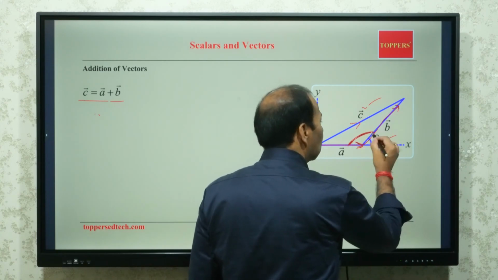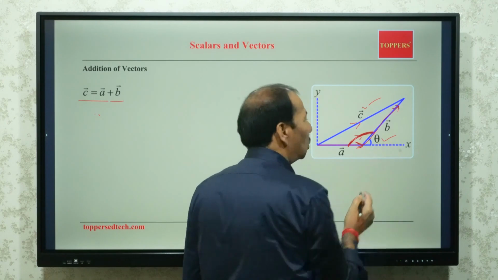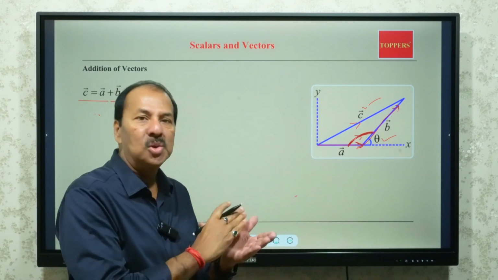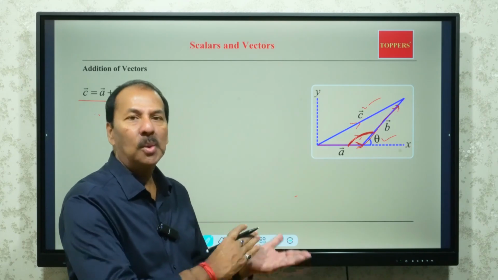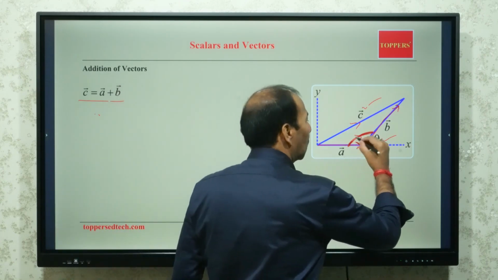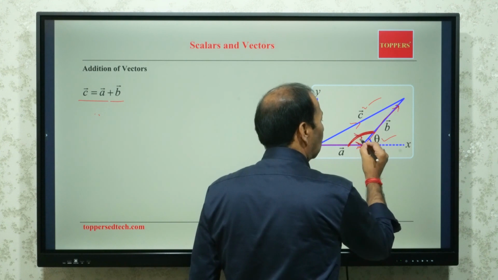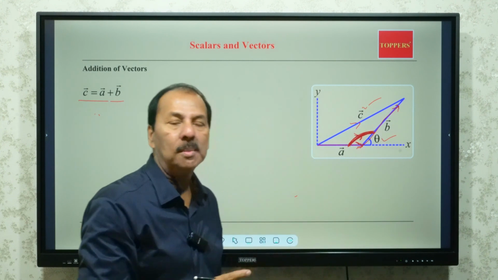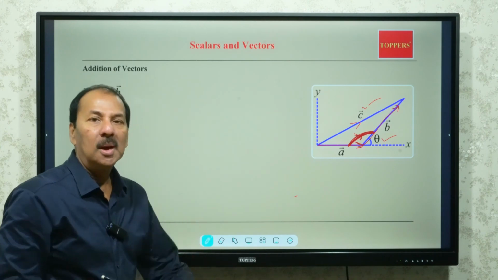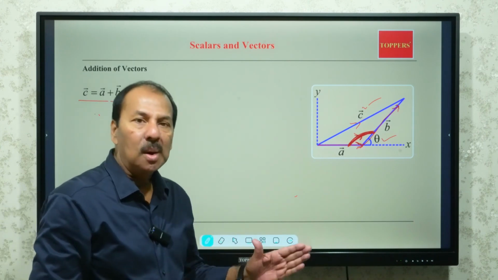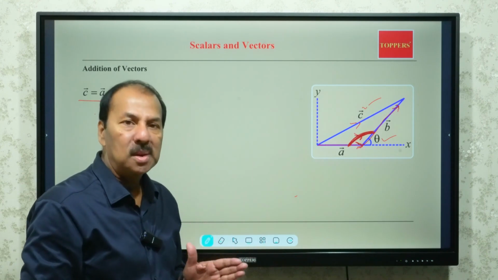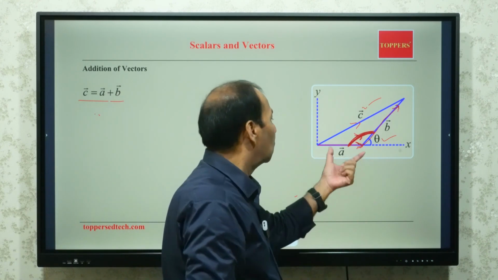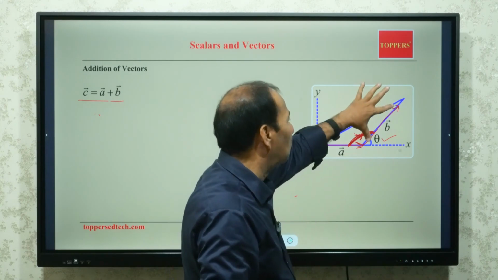Because if you take this angle as theta, from A to B, when we say A and B, it should always be measured from A towards B. If I take this angle as theta between A and B, that means we are proceeding in the clockwise direction. But the standard convention says it should be taken in the anti-clockwise direction with respect to the positive x-axis. So here you can see this is the vector A and this is vector B.